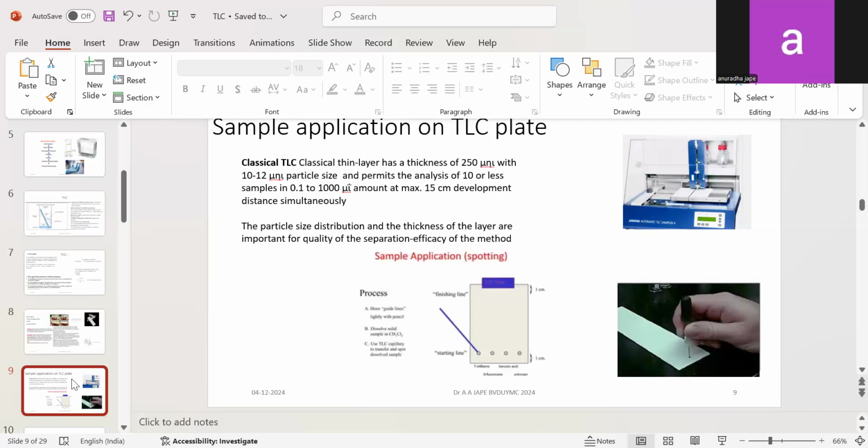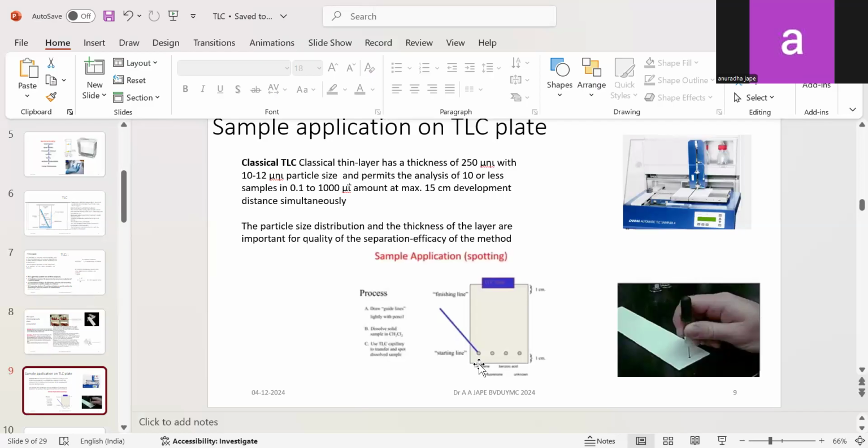TLC plate. Now this can be done using a simple glass capillary, which you dip into the dilute solution of your analyte, and you carefully touch the tip of the capillary onto the TLC plate and release a very small portion of the analyte onto it.